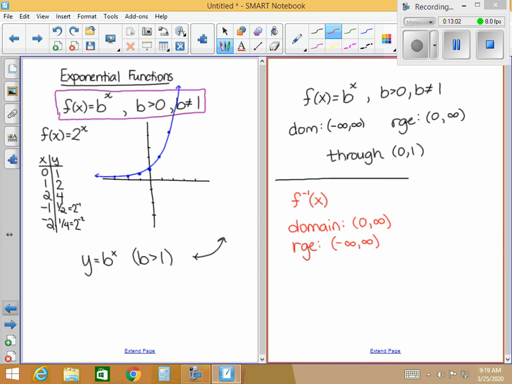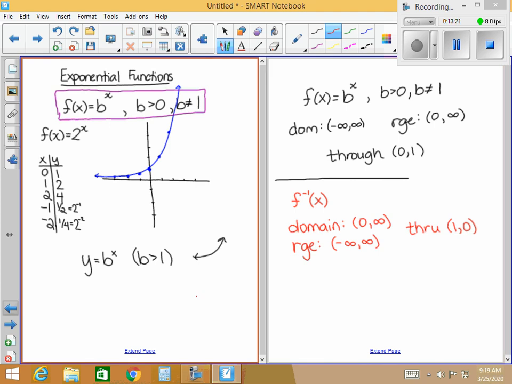It's going to spit out all real numbers when I do that. We know a point that it passes through. If (0, 1) is on all of my b to the x graphs, then (1, 0) is going to be on all of my mystery inverse graphs. If we wanted to sketch a graph of the inverse of these functions, I'm going to sketch here on the graph that we could see.